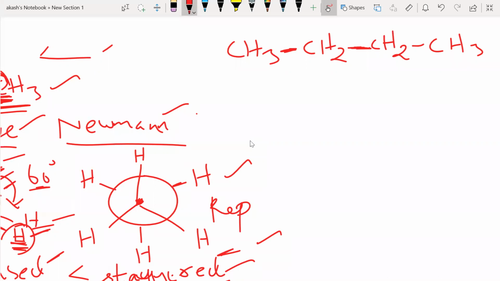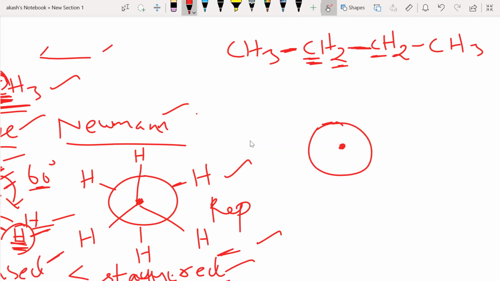Let me put a dot. I'm talking about this carbon and this carbon, people. The dot is coming towards you, and another bond with another carbon atom is inside the plane. Let me mark what is on this carbon atom first.